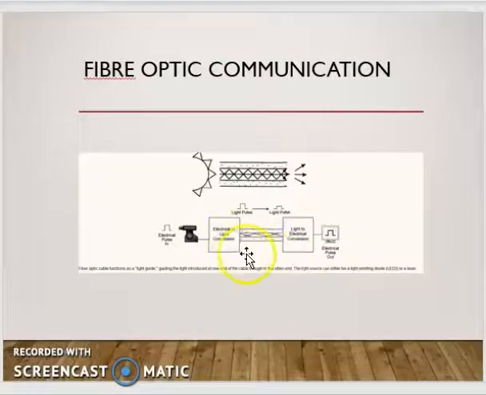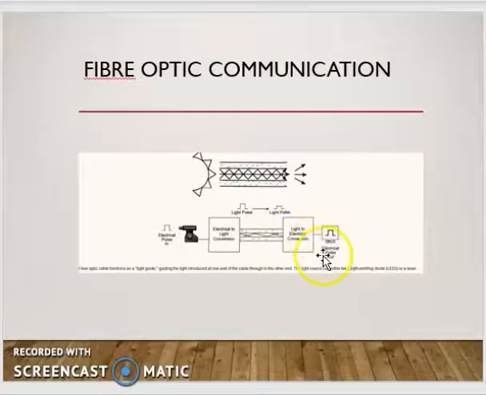Optical cable serves as a transmission medium, and optical detector is responsible for optical to electrical conversion of data and hence responsible for demodulation of the optical carrier. It may be photodiodes, phototransistors and photoconductors.